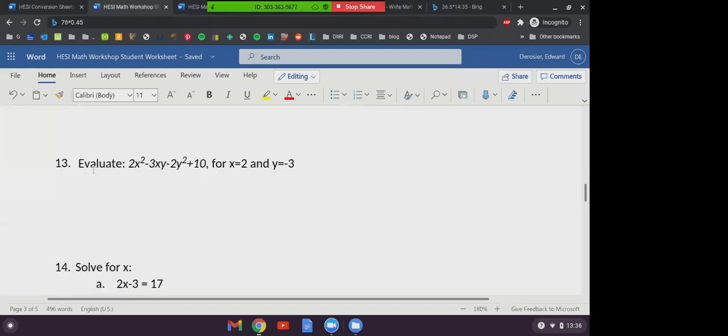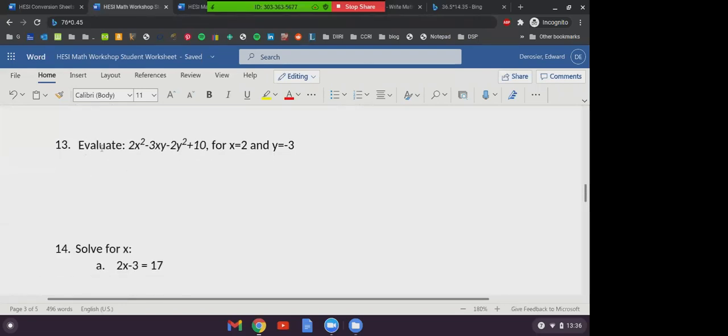All right, number 13. So this one is, now we get a little bit of evaluation with algebra, with variables. So you have to know a little bit about order of operations here, but they're asking us to evaluate 2x squared minus 3xy minus 2y squared plus 10 when x is 2 and y is negative 3.